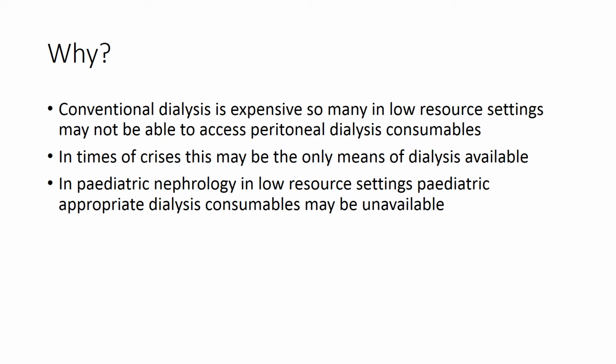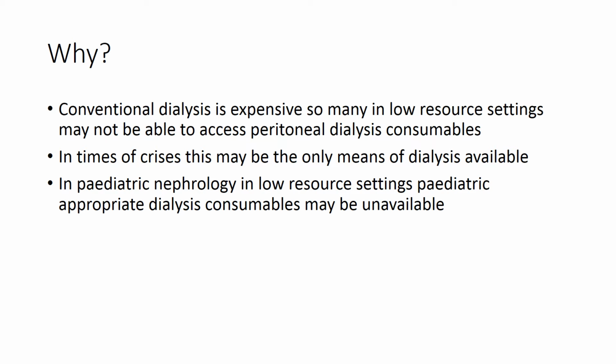And then the second reason is that during times of crisis, such as, for example, after a natural disaster like an earthquake, where we see an increase in crash victims that come in with AKI caused by rhabdomyolysis, or in a crisis such as the current COVID pandemic, we sometimes see a disruption to supply chains.